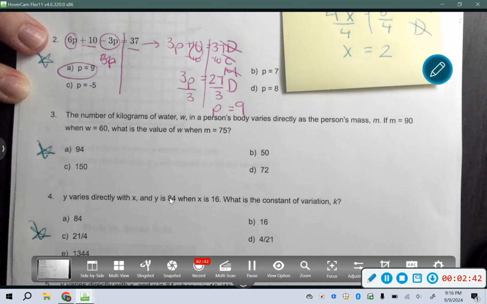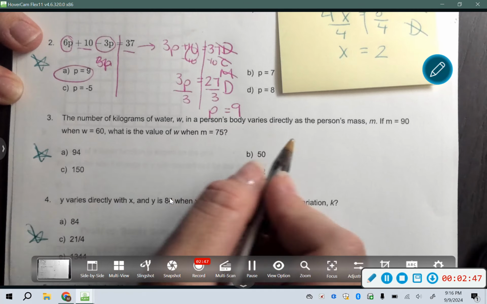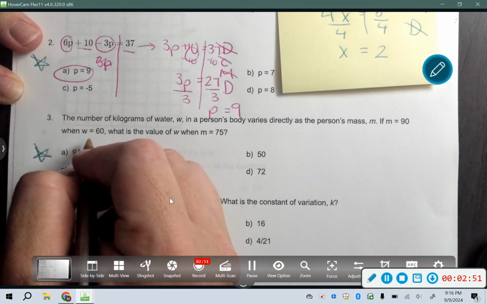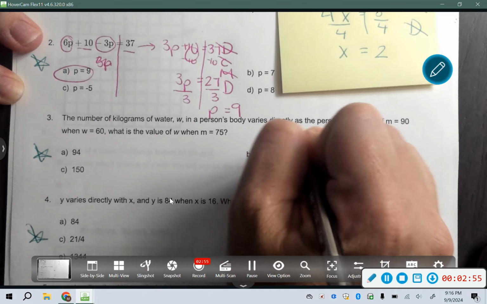Okay, look at number 3. It says the number of kilograms of water in a person's body varies directly as the person's mass m. If m equals 90 when W equals 60, what is the value of W when m equals 75? So we're going to build a table.